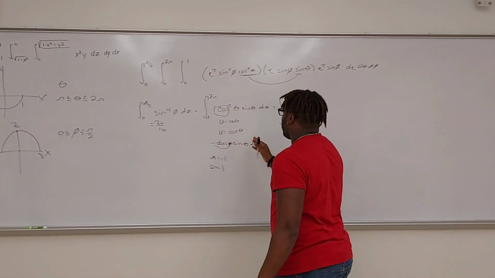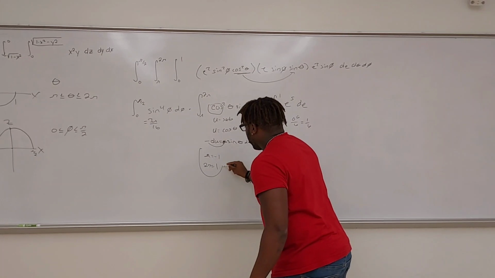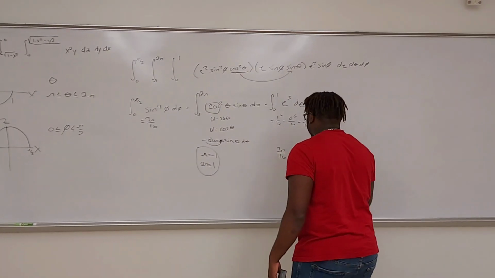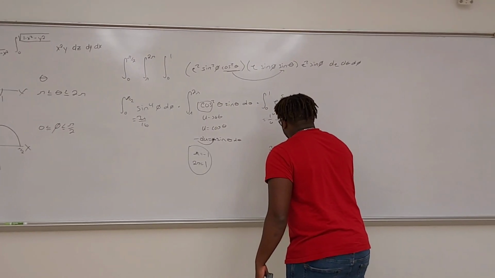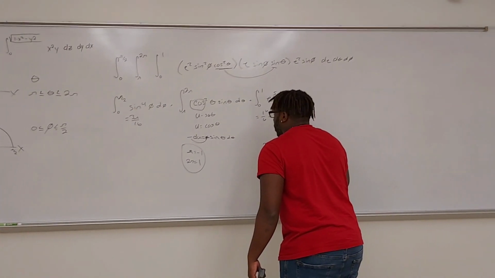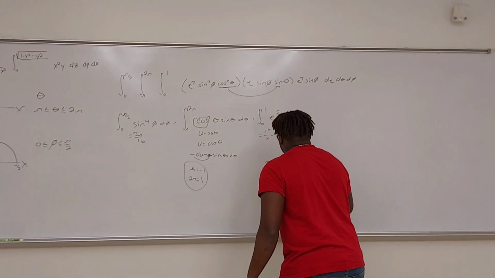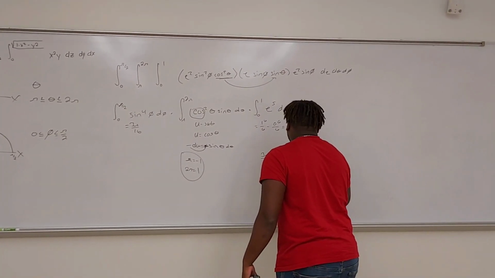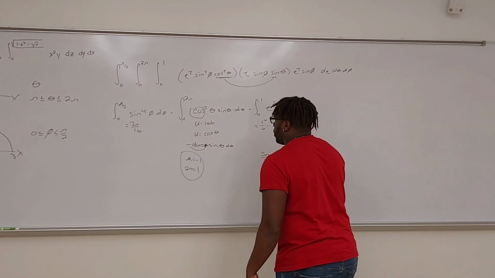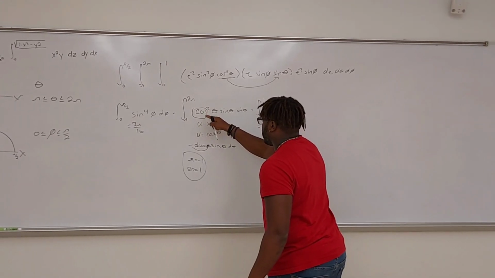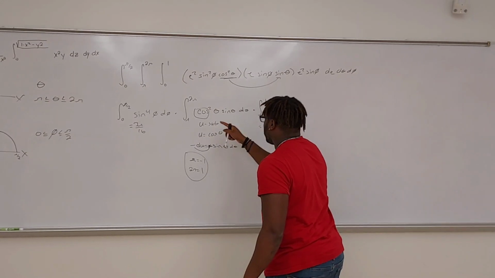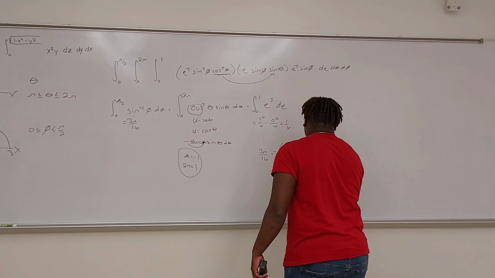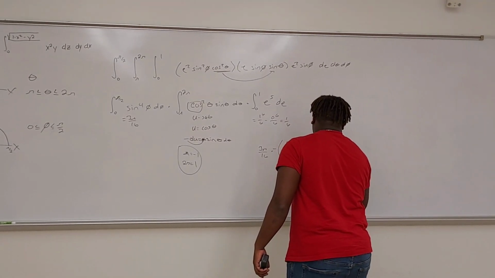And be careful with this one, U substitution. These will now be your new bounds for pi to 2 pi. So pi to 2 pi now changes to the bound of negative 1 to 1, with U substituted back in for cosine, so this will be U squared du times 1 over 6.